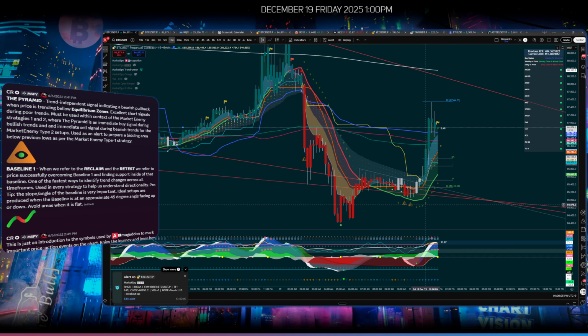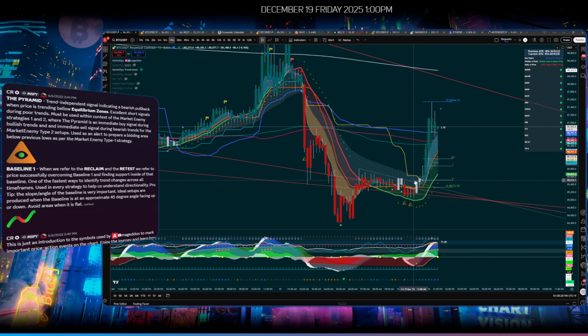So I would like to simplify this for you by saying that it's contextual and it's trend agnostic, meaning that it doesn't really know where it's printing. It doesn't know if we're uptrending or if we're downtrending. And so that is going to be key in understanding context.